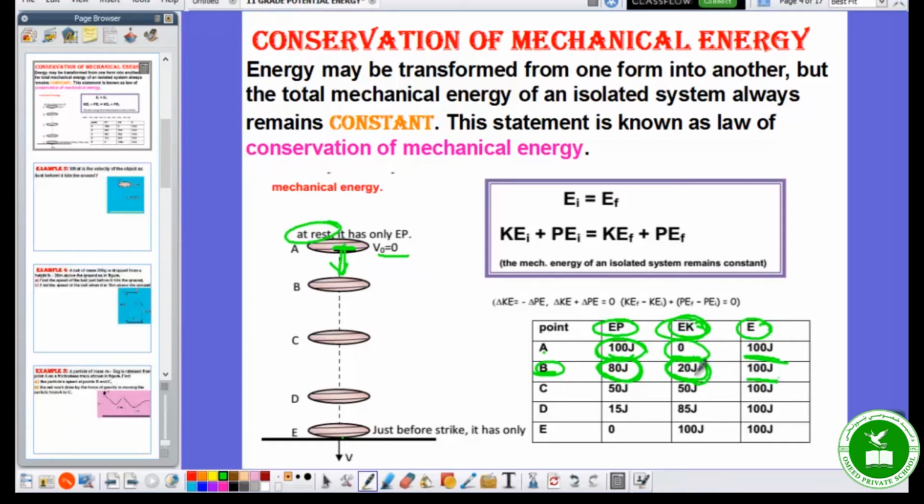Again, it is 100: 20 plus 80, 100. 50 plus 50, 100. 15 plus 85, 100. So it means that the total mechanical energy of an object or an isolated system always remains constant. Okay, let's solve some examples related to this concept.